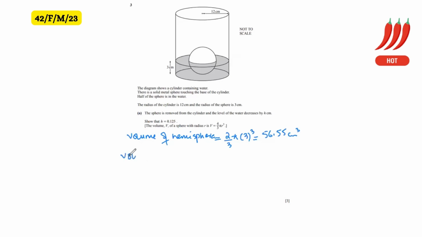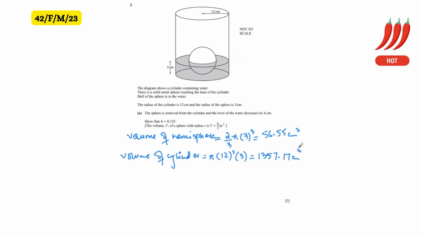Then volume of cylinder with the depth given, that's going to be pi times 12 squared times 3, 1357.17 centimeters cubed.